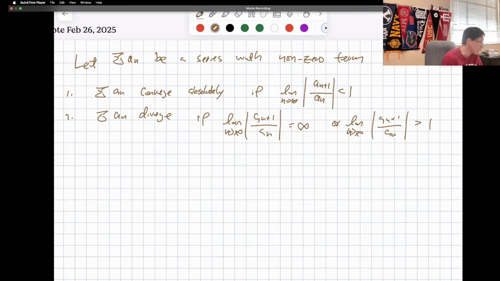Either it's greater than 1 or it goes to infinity. That is equal to divergence.